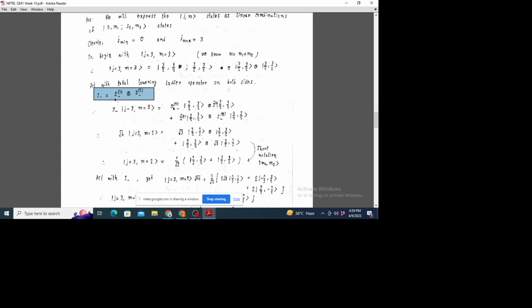So J minus is equal to the direct sum of S1 minus and S2 minus, the direct sum of the lowering ladder operators of both of the spins that we are adding. Okay, so let us now act. And remember this notation: these states are direct product states.